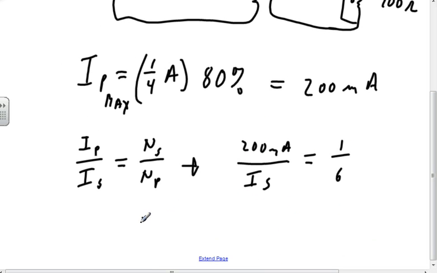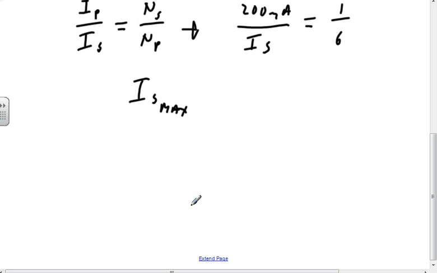Okay, so the current secondary max allowed is going to be 6 times 200, 1.2 amps. All right.